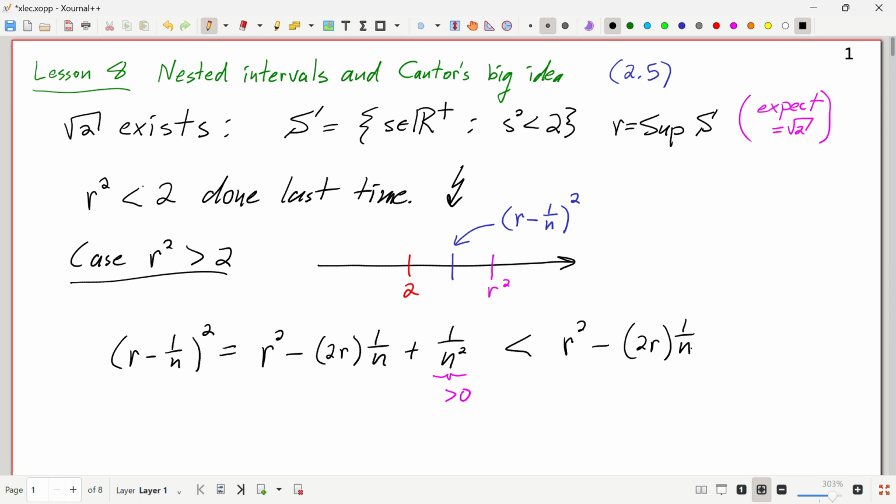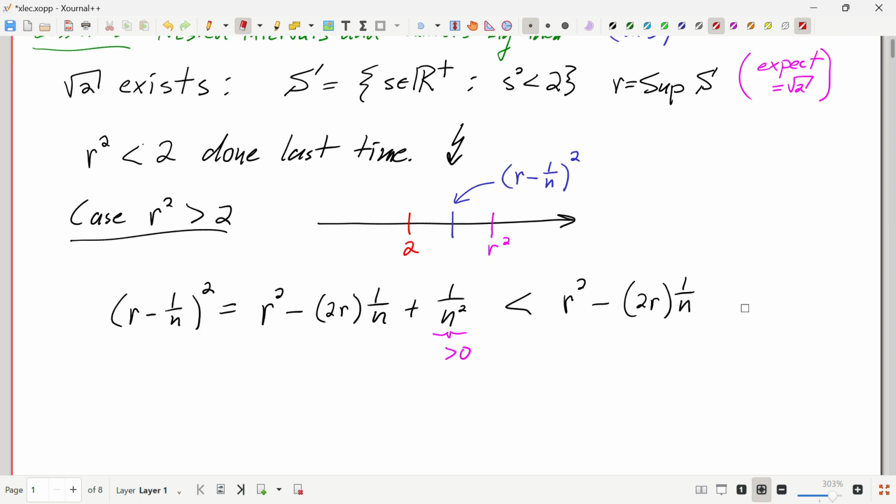And I want that, let's see, what do I want? R squared minus this. I want that to be something less, and I want to stick it right between 2 and R squared. So how would I get that? I want this to be less than the distance there. And that distance is R squared minus 2.